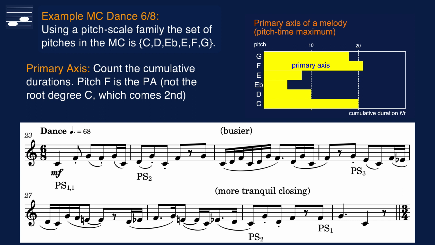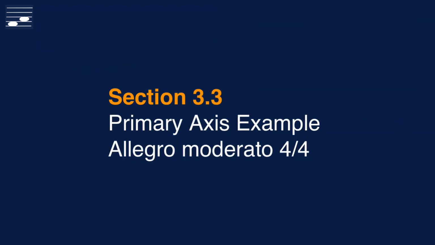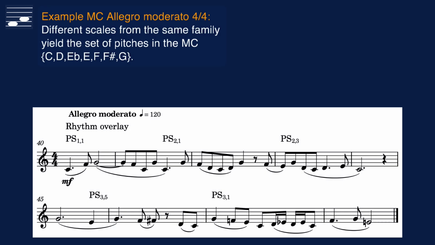Doing the cumulative pitch duration calculations, we obtain a distribution profile with a 16th note as the time unit. The maximum value is for pitch F, which therefore is the primary axis of this phrase. It is followed in second position by the root degree C. Using a different generation combination from the same scale family yields this Allegro in 4/4.